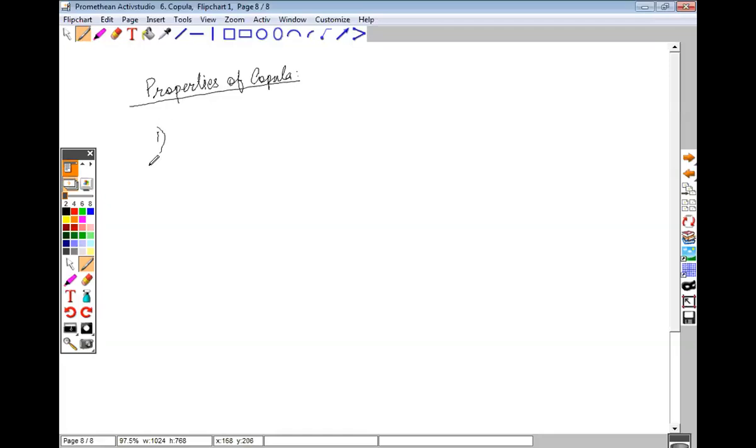The very first property states that, before I state it, let me draw a little graph. Let us say this is my CDF. I plot my CDF F of x here, and I have my x variable along the axis. If I plot x1 here and x2 there, what is one of the properties of a CDF?